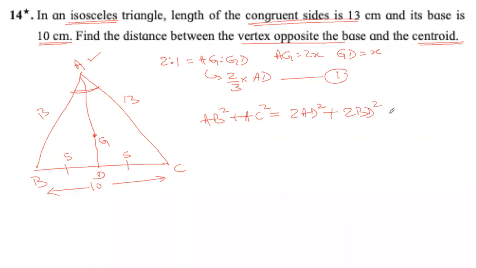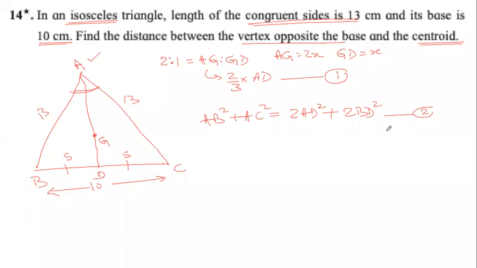Now, while I'm telling you to write this, Khadija is saying that we have already solved this. We don't need to go through the Apollonius theorem. We can use Pythagoras theorem. Yes, Khadija, you are right. We can also say that because this is an isosceles triangle, triangle ABD is congruent to triangle ACD, then AD is perpendicular to BC.